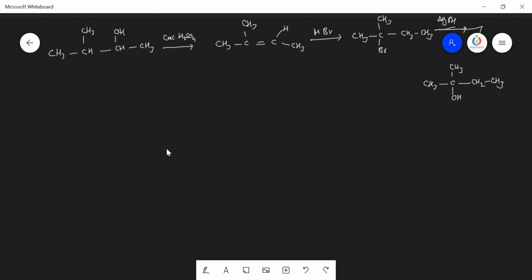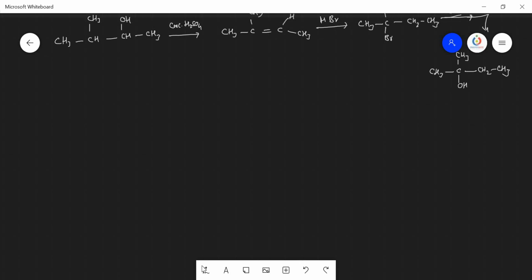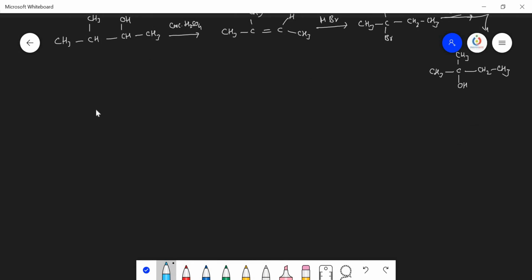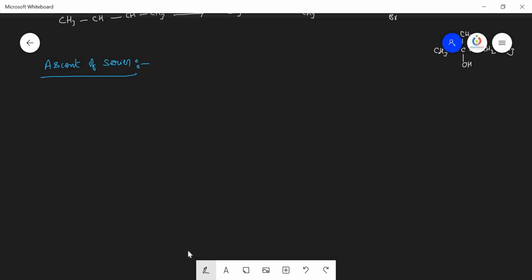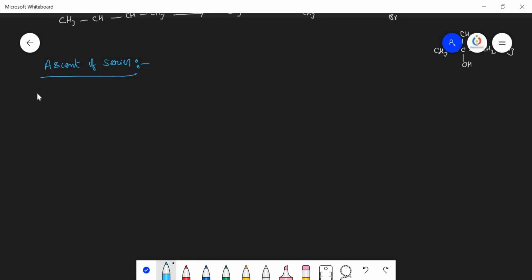Now let us take the ascent of series, meaning how to increase the number of carbon atoms. While doing the ascent of series, you must remember one thing, that we are going to introduce one carbon atom, so a higher number of carbon atoms. To add a higher number of carbon atoms, we must use potassium cyanide.